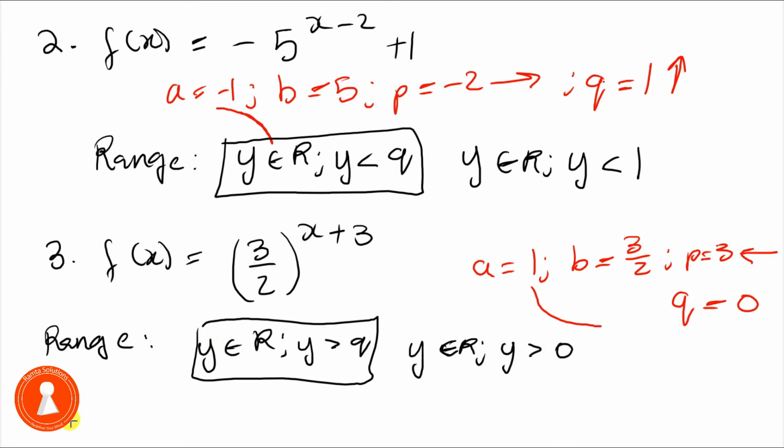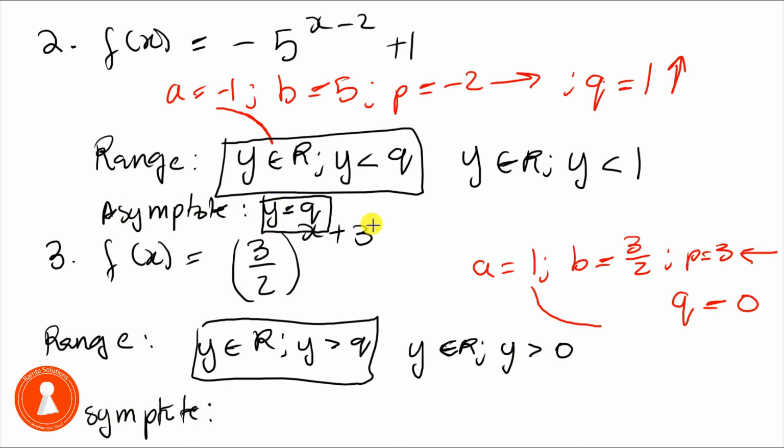Our asymptote, oh boy, I forgot to cover the asymptote in the previous one. Here, our asymptote is y equals q. Sorry about that, I'm squeezing it.